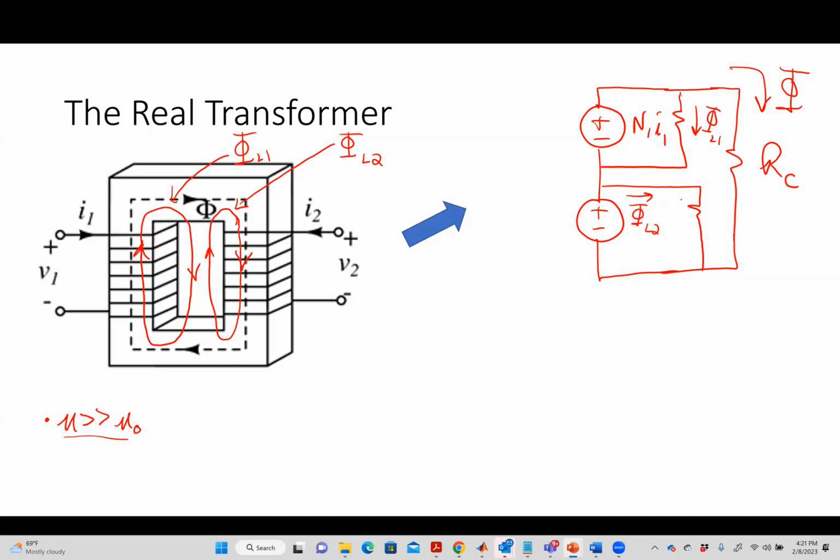This would be N2, I2. And this would be the reluctance of whatever that path is. This would be the reluctance of that path. And this would be phi L1, right? So if I did a KCL, what's a KCL in this case?